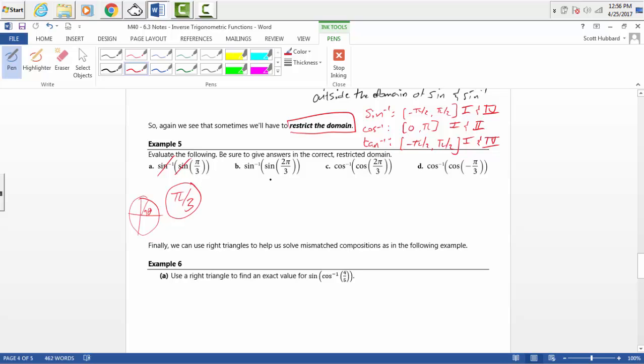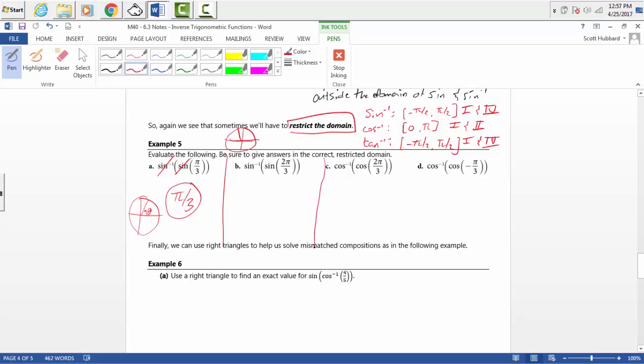All right. Now here, what about this one? This is a problem though. Sine inverse of sine of 2 pi over 3. Well, that's actually outside my domain because that's in quadrant 2. Sine inverse can't be in quadrant 2, so that's over here. So, uh-oh, what does that mean? Well, it means we can't actually technically do it.